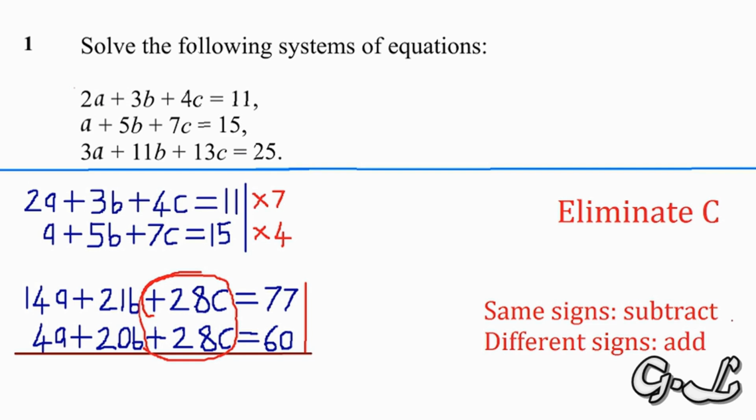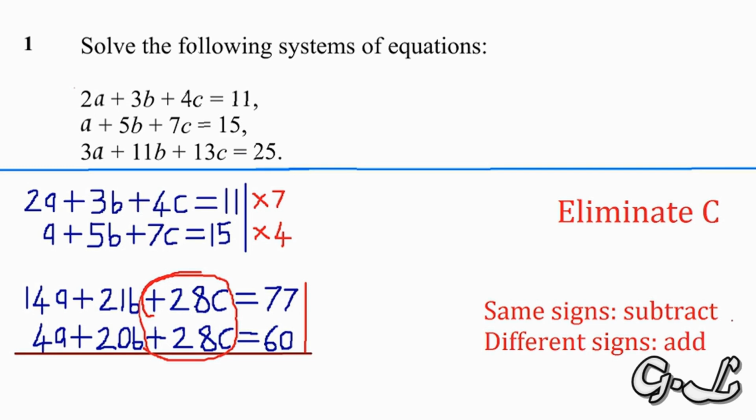And when you add or subtract, it should give you the value which is 0. So I hope you have gotten it. That's how it is going to be. Same signs, subtract; different signs, add. So in such a case, we're going to subtract.